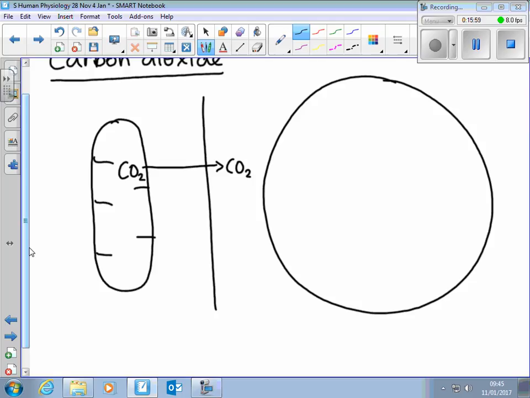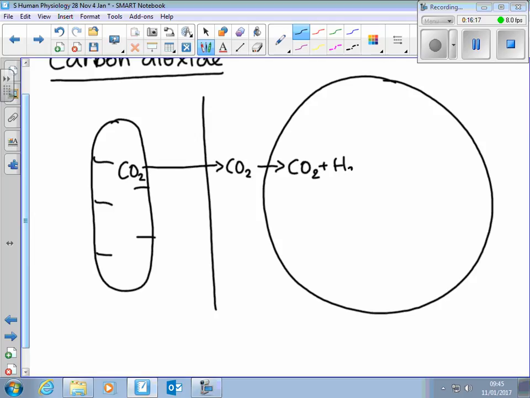The other 85%, however, we've got to process significantly. And although it's going to end up in the plasma, it starts by being processed in the red blood cell. So if you look at it, you can see that it's gone in and it's reacted with water.